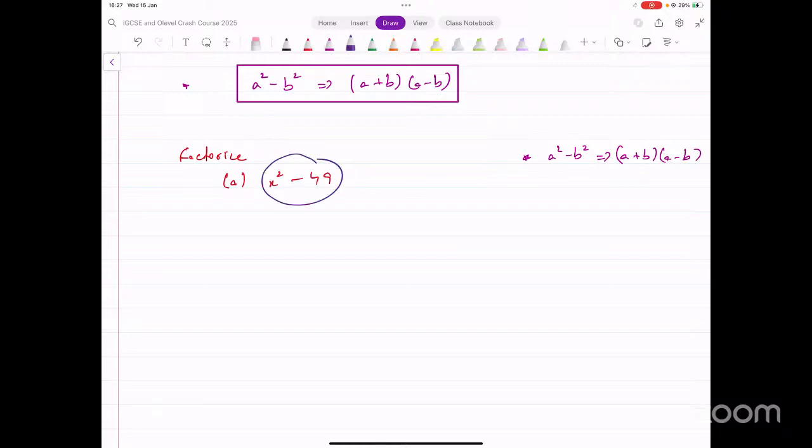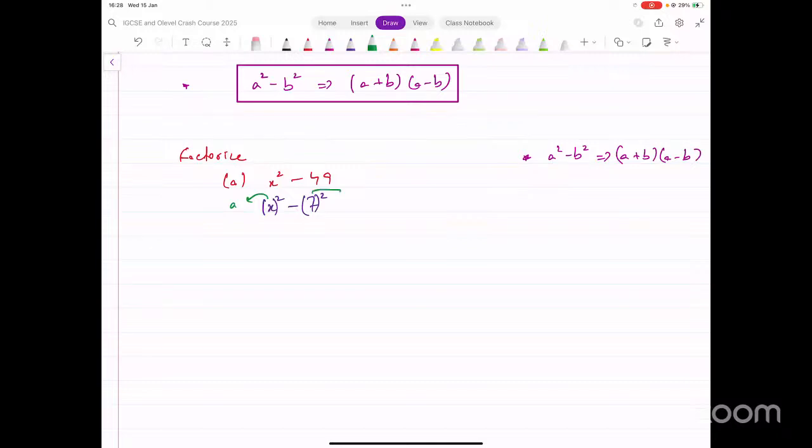Now, can you write this in that form? What's 49? 49 is 7 squared, right? So what you can do with this first is you can say this is x squared minus 7 squared. And now this is a squared minus b squared, right? So you have x squared minus 7 squared. So in place of a, we've got x.